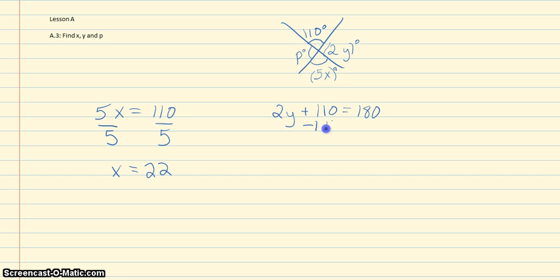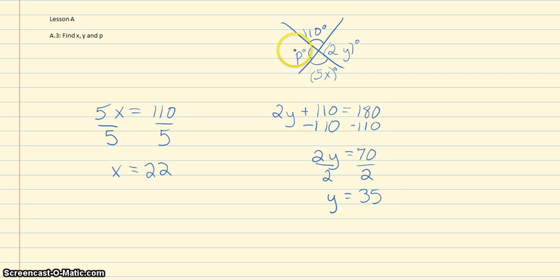I'll subtract 110 on both sides. So 2y equals 70. Then I'll just divide both sides by 2. Y will equal 35.